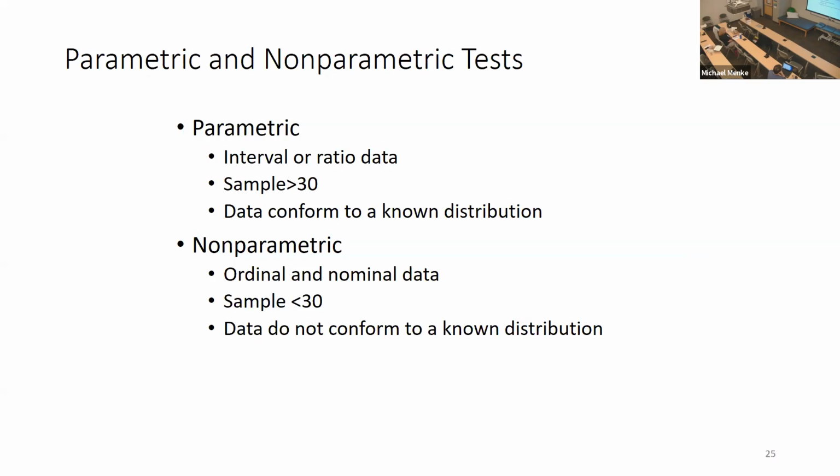Non-parametric tests, which tend not to be quite as powerful in yielding significant outcomes, we tend to use with ordinal and nominal data, rank order data, categorical data, samples under 30, and when the data do not conform to a distribution. We don't know the population distribution of these data.